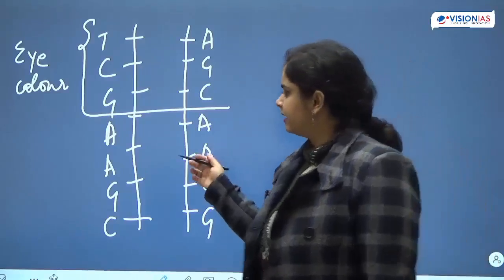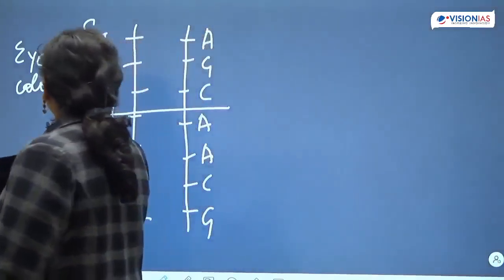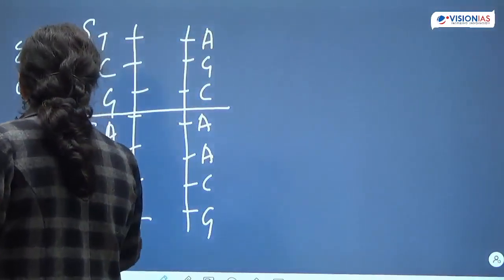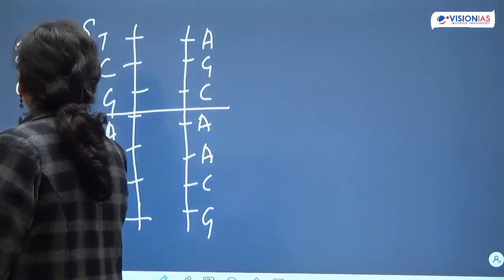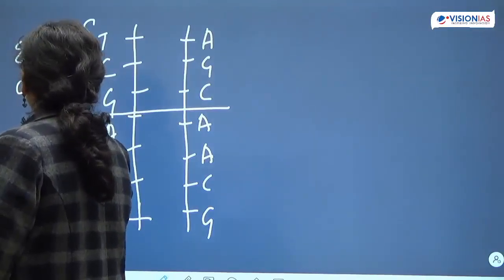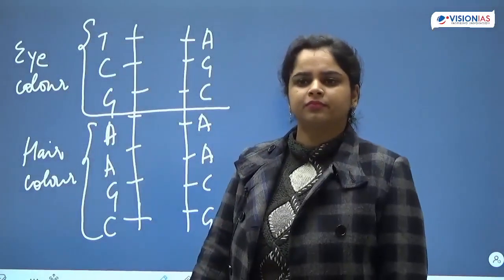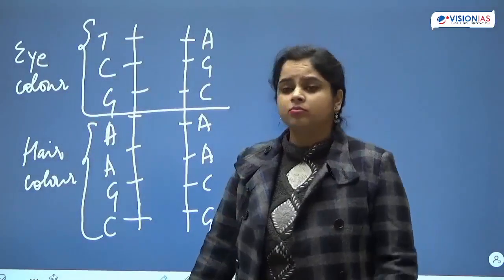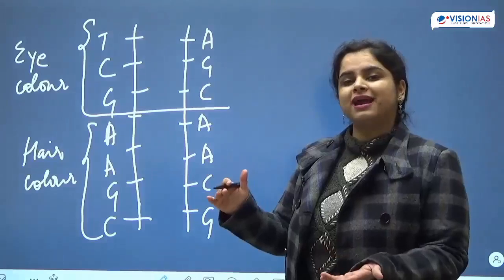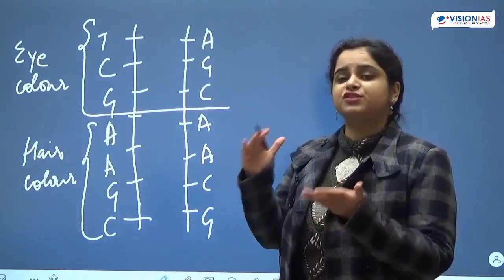Then we can have this, say, next part which holds the information for the color of your hair. Now, because there are so many characters, there would be a number of genes.